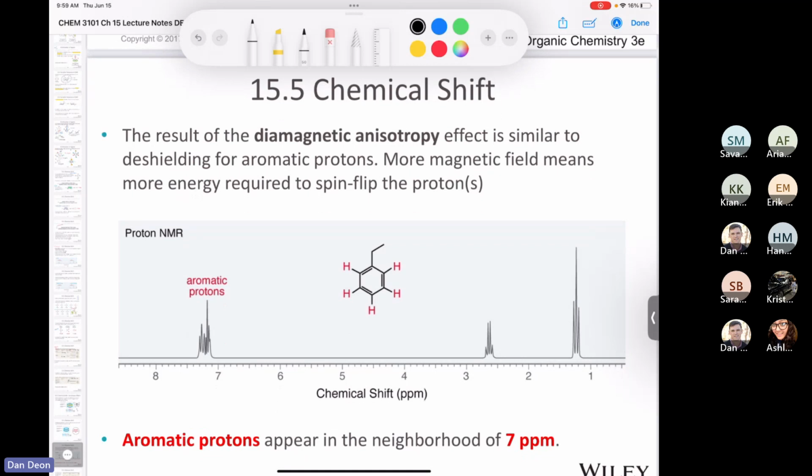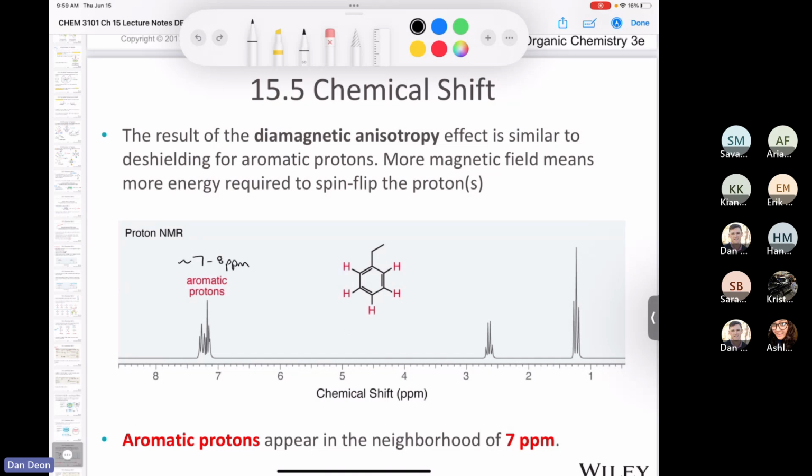And so aromatic protons usually have an absorbance of somewhere around 7 to 8 parts per million. They have a really high chemical shift because of that diamagnetic anisotropy, the magnetic field created by the pi electrons in the ring. So it takes more energy to spin flip them, so they absorb at a higher frequency and have a higher chemical shift. It says here 7 parts per million. That's probably close enough for our class, but it's usually in between 7 and 8 parts per million.